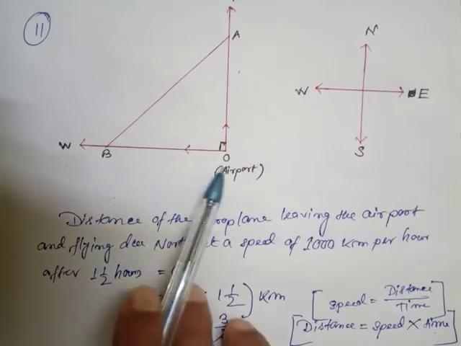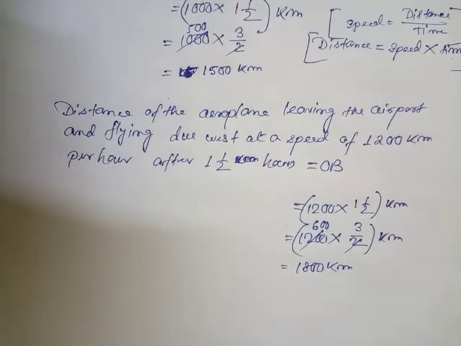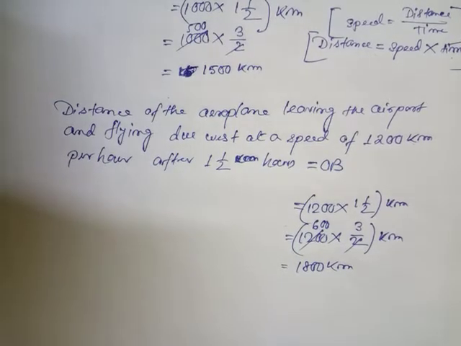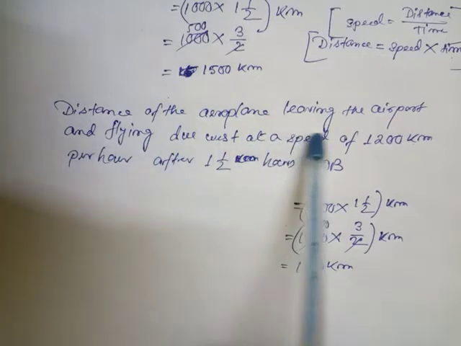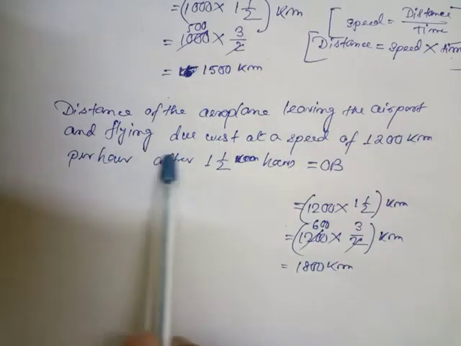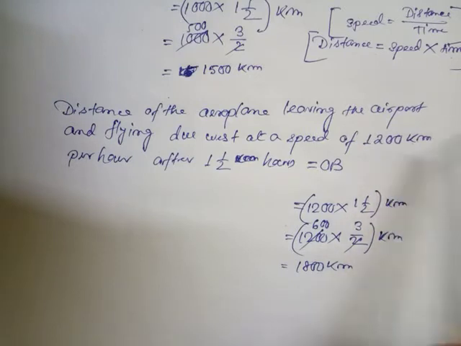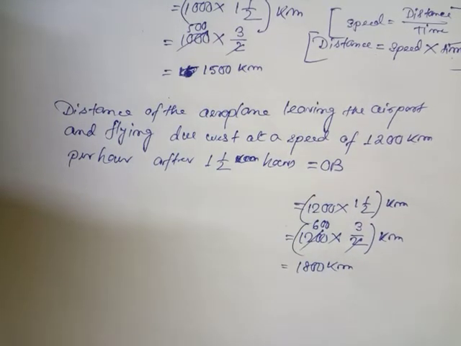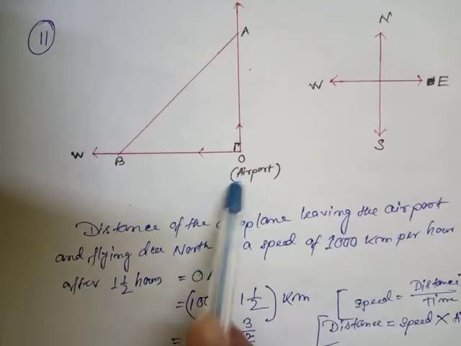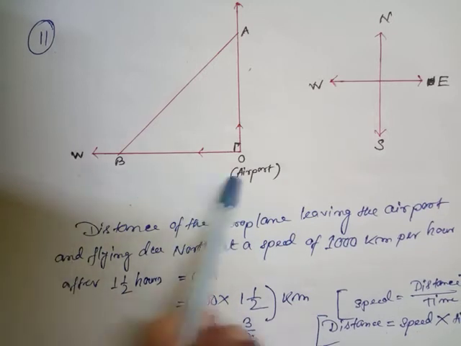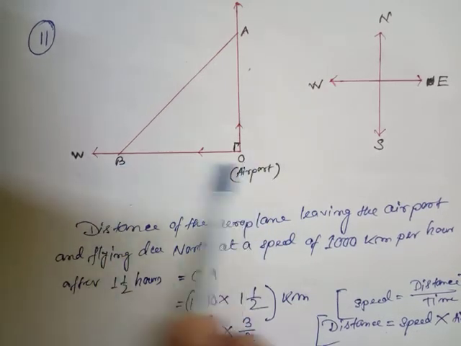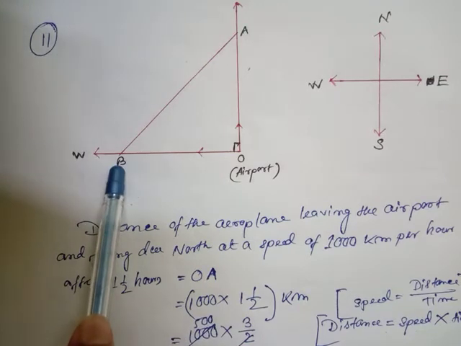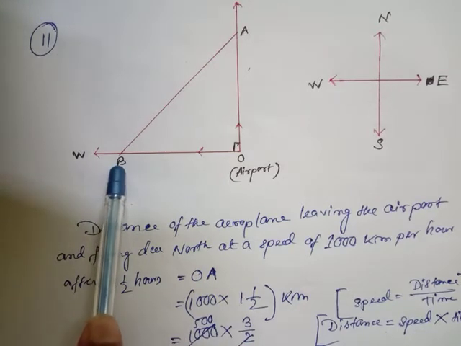Now look at the second one. The distance of the aeroplane leaving the airport and flying due west at a speed of 1200 km per hour after 1.5 hours is equal to OB. In the diagram, from the airport O, the second plane goes towards the west, and B is the position of the second plane after 1.5 hours.